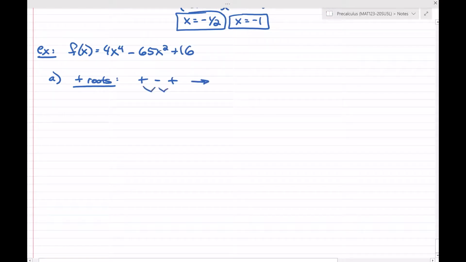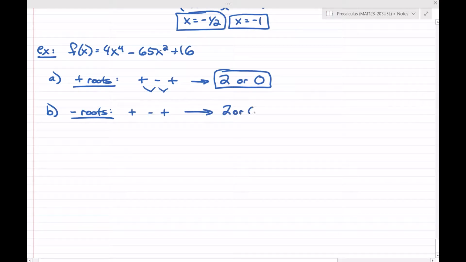Looks like that's a change and that's a change, so there are 2 or 0 positive roots. For the number of negative roots, well, there's no odd power, so there's nothing to change. So it looks like, again, we have 2 or 0 negative roots.